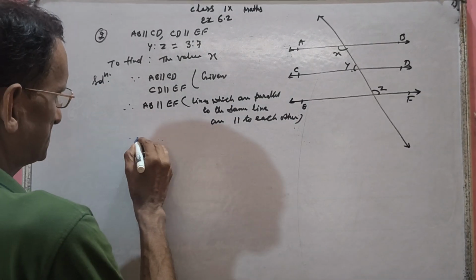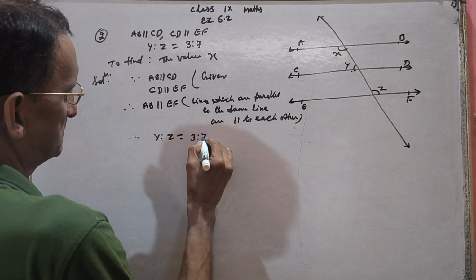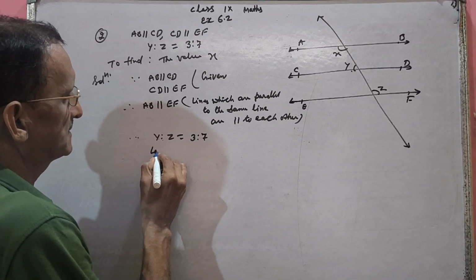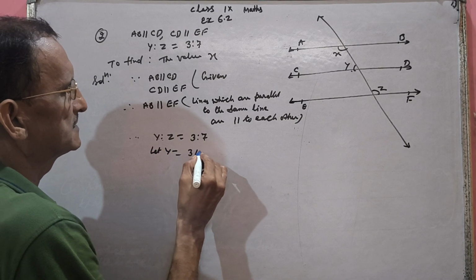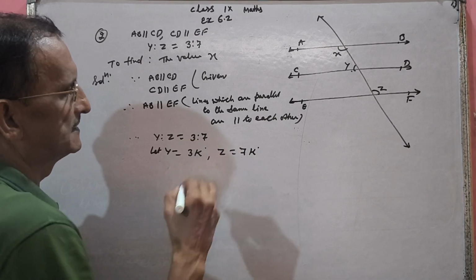Now what is given? Since Y is to Z equal to 3:7, we can take, let Y equal to 3k degree, and Z equal to 7k degree.